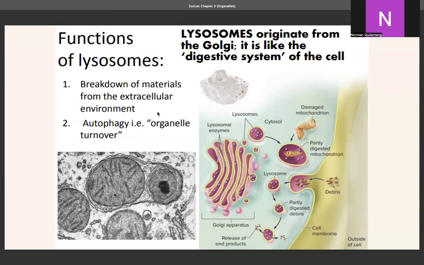Rather than accumulating, these wastes can be broken down into simple materials that can then be reused by our cell. At the same time, lysosomes can also be used to lyse different external contaminants that were able to pass through the plasma membrane.